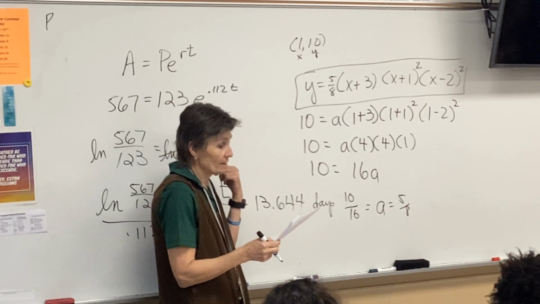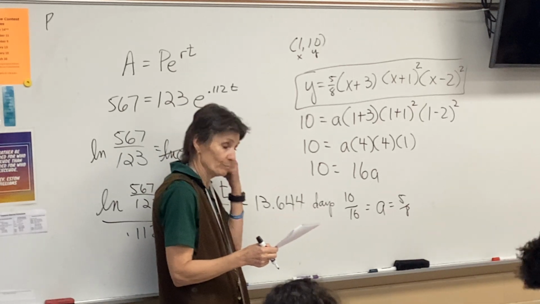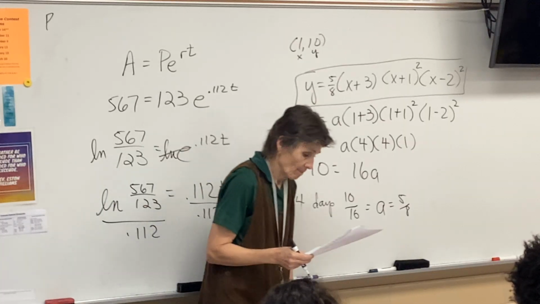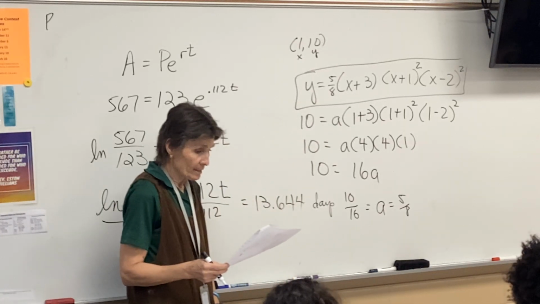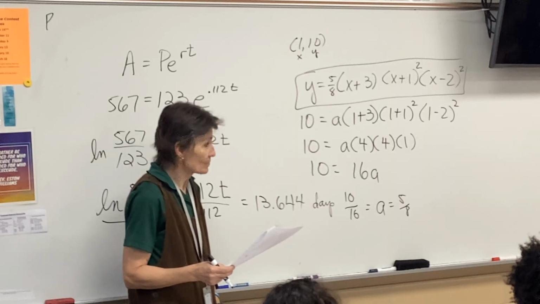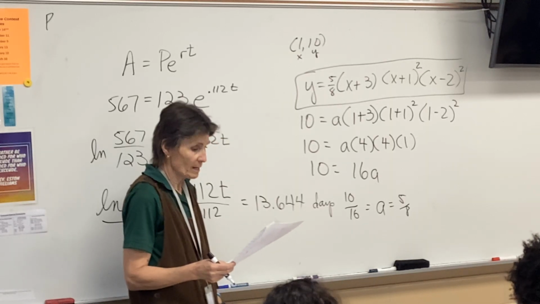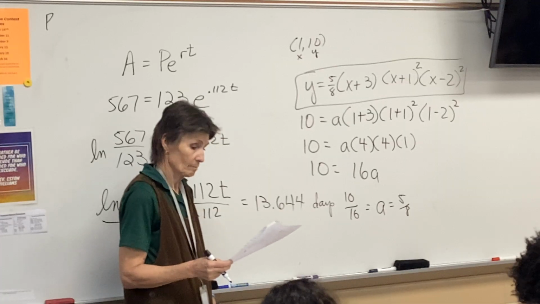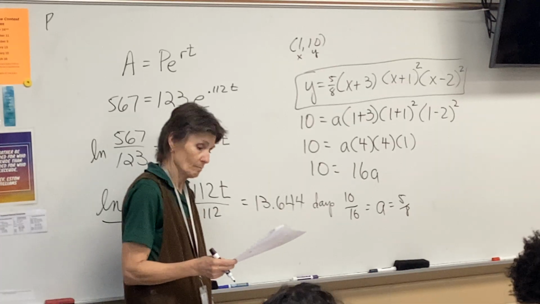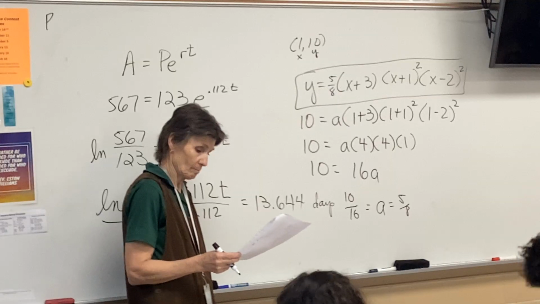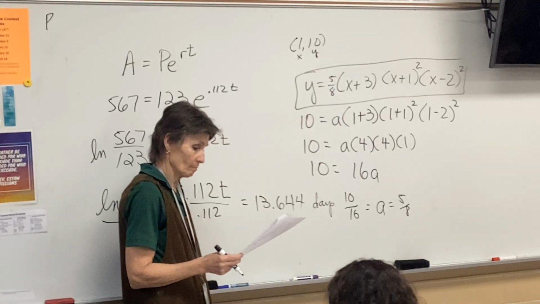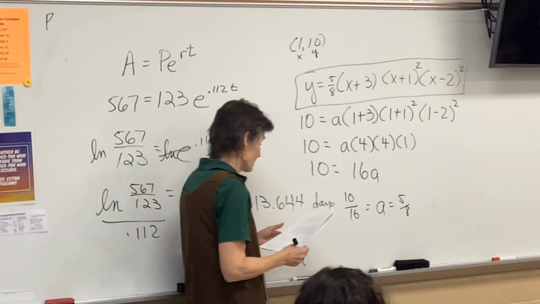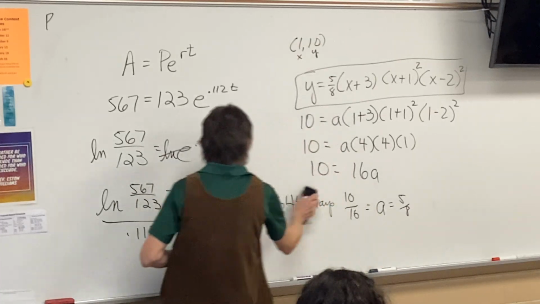You do not need to multiply that out. All right, anything else from this page? We do 17. The height of the wall above the ground is given by this formula.